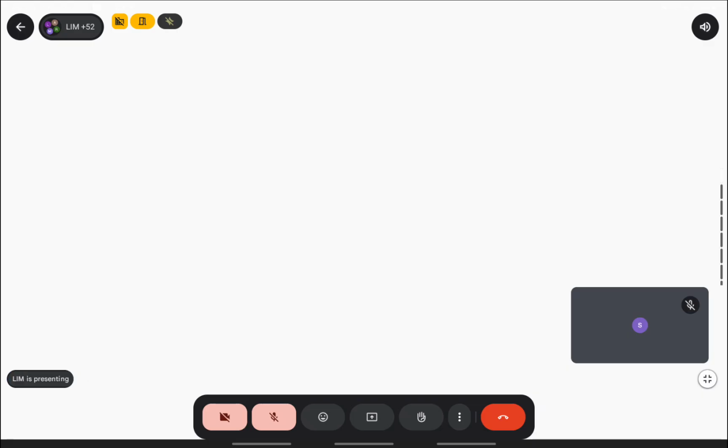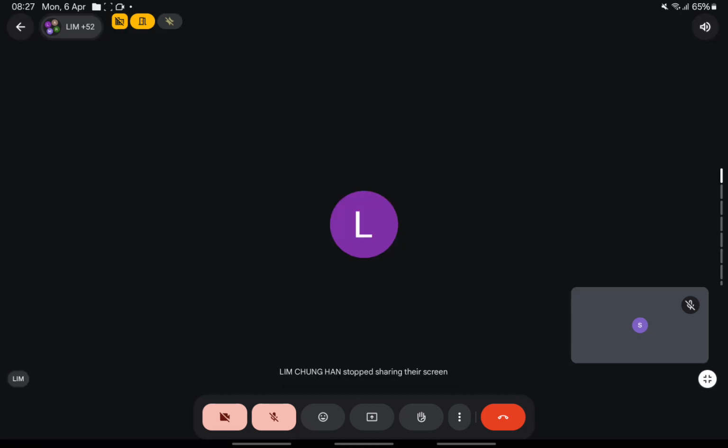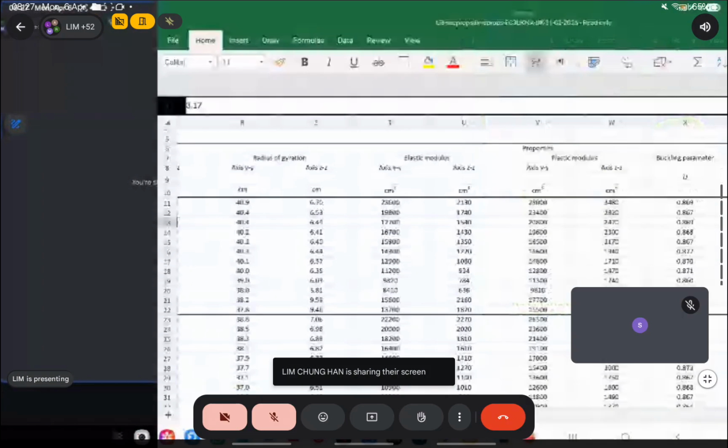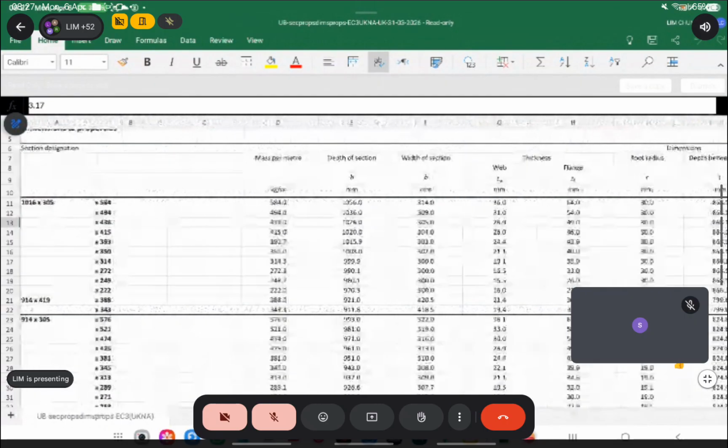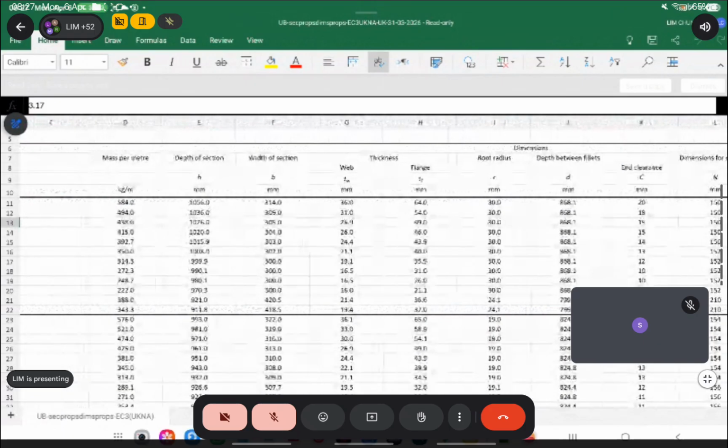Saya screenshot. Maybe it's if I share screen. Share screen. Okay, sekarang nampak? Sesuaikan sih. Nampak dokter. Boleh?